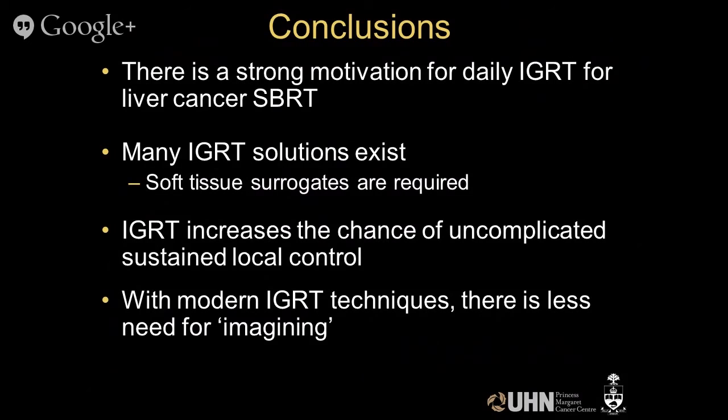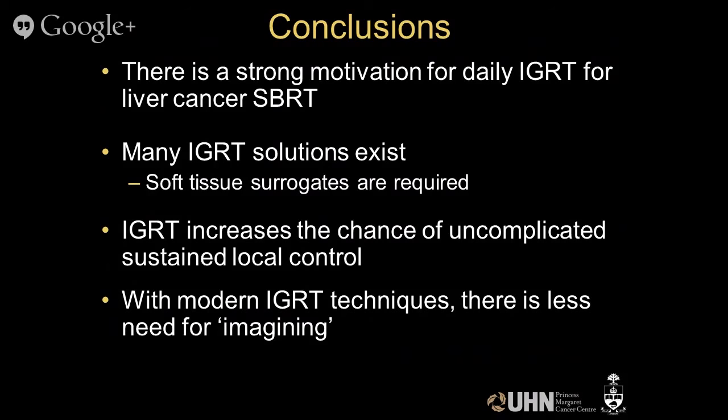So in conclusion, there is a strong motivation for daily IGRT for liver cancer SBRT. There are many IGRT solutions, but for all of them, there are some common themes, and perhaps the most important is that a soft tissue surrogate for the liver tumor itself is required, and daily IGRT before every radiation fraction is needed.